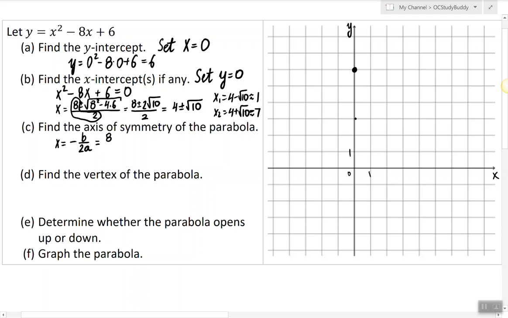So in our case, it will be 8 over 2, which is 4. So the axis of symmetry of the parabola is the line x equals 4. So it's this line. So this is my axis of symmetry, x equals 4.